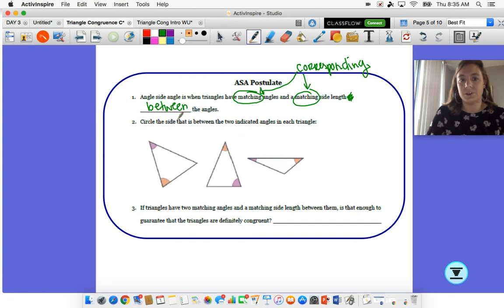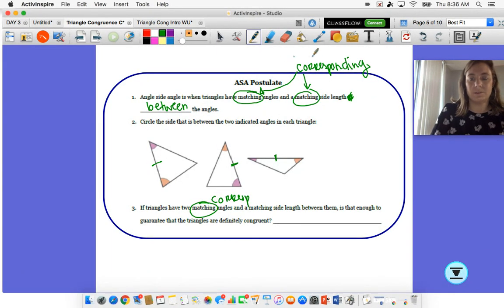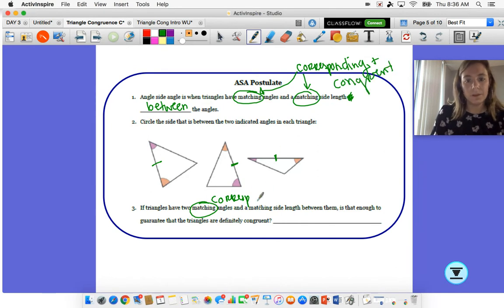So it says circle the side that is between the two indicated angles. Two indicated angles, this side. I'm going to put a mark on it instead. Two indicated angles, this side. It's the side between them. If triangles have two corresponding angles, oh, I guess it's not just corresponding, it's corresponding and congruent is what matching means.